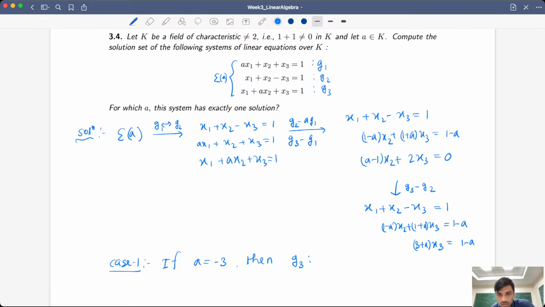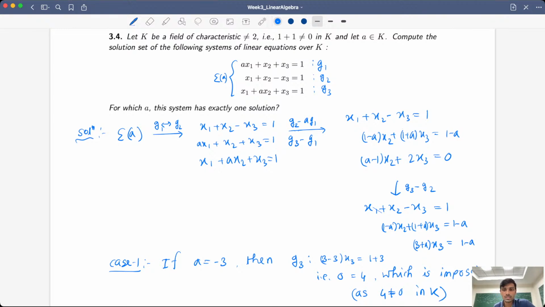So G3 becomes 3 minus 3 x3 equal to 1 plus 3, so that is 0 equal to 4, which is impossible, as 4 is not equal to 0 in K. So here I use the characteristic thing, that characteristic is not equal to 0.